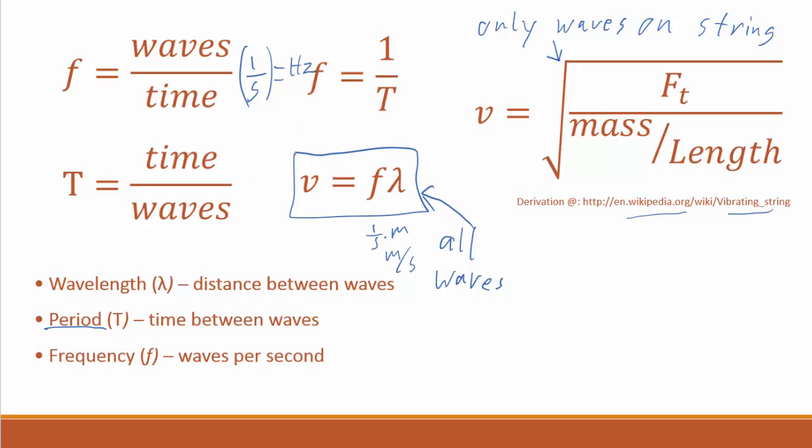Okay, let's work through a couple of examples. Let's say we want to know the wavelength of a sound wave of middle C on a piano. The frequency of middle C is 261.6 hertz.